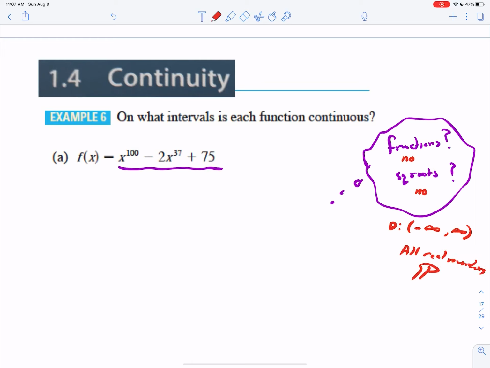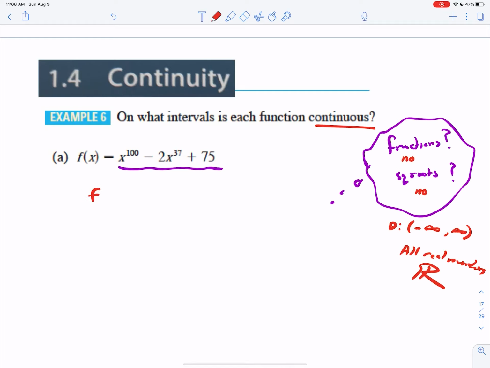Or the fancy R if you've seen that. Okay? So here, the question says, on what intervals is each function continuous? So we're going to be a little bit sly about it. Because we know the domain is all real numbers and all functions are continuous on the domain, then we will know where this function is continuous.